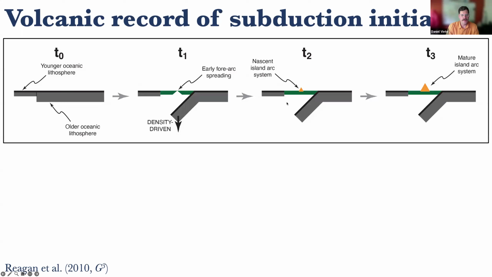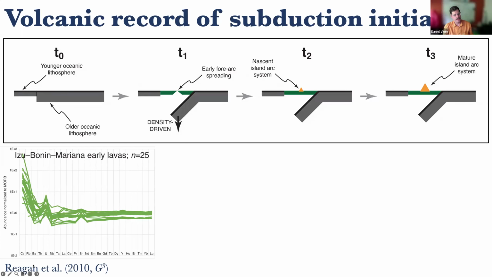Within the Izu-Bonin-Marianas system, these data from Reagan et al. in 2010 of lavas show that the lower stratigraphic levels of volcanic stratigraphy have MORB-like geochemistries, which are consistent with a source in decompression melting, and so consistent with an origin in this forearc spreading.